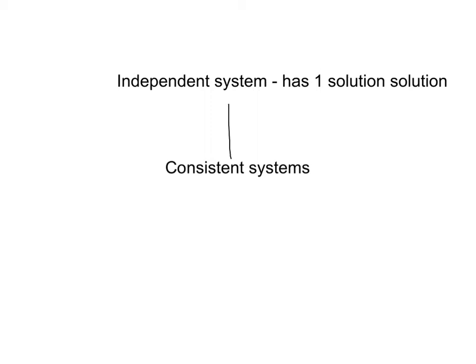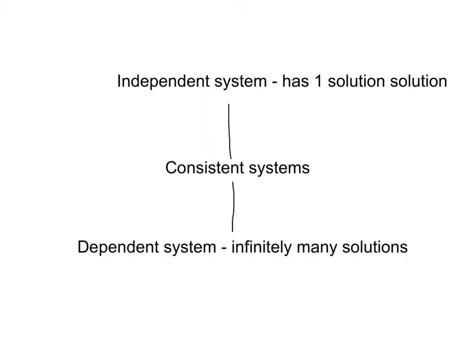So again, an independent system just has one solution. Also inside of consistent systems are dependent systems, and those have infinitely many solutions. The other type of system is an inconsistent system, and that is going to have no solution.